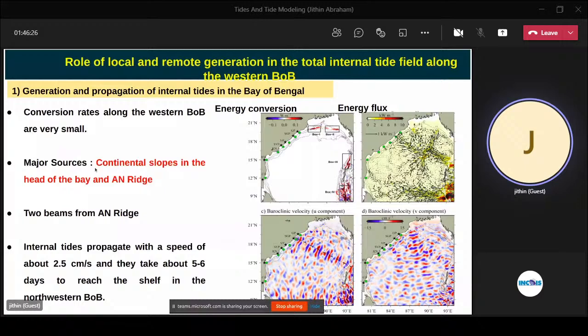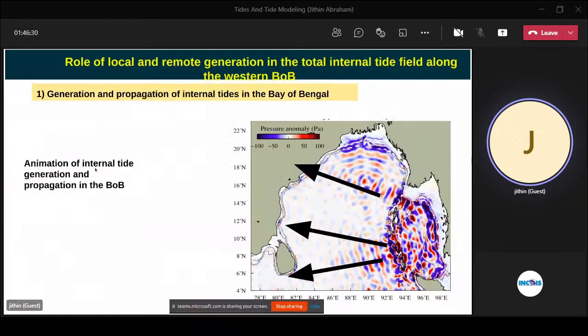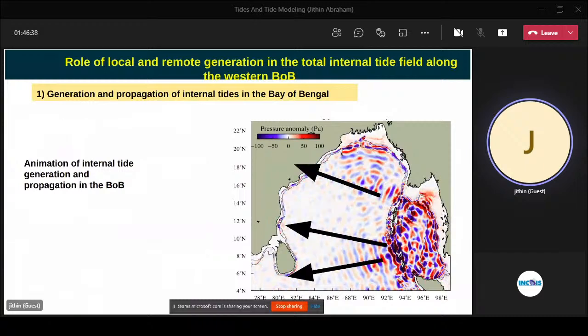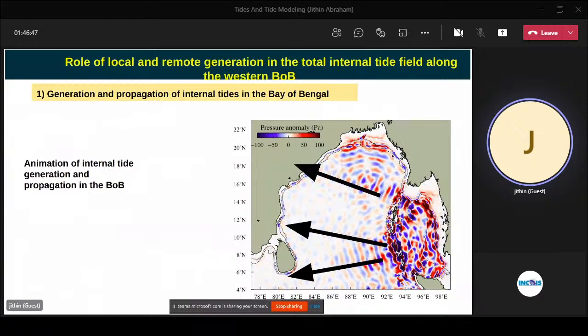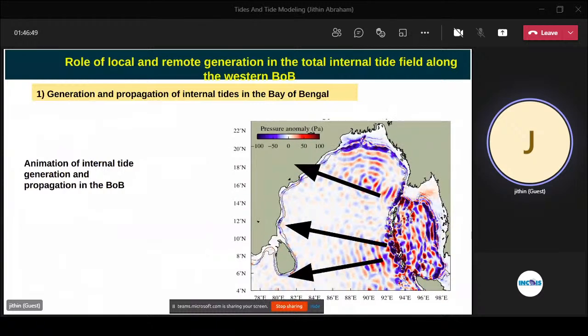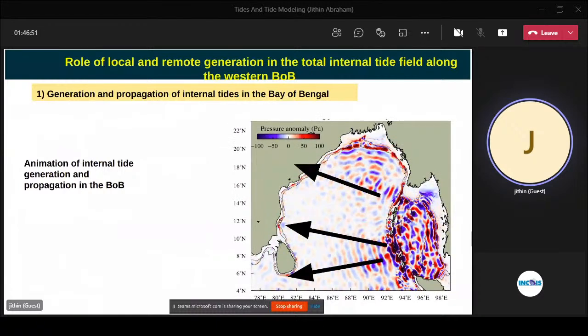And this is the animation of internal tide propagation in the Bay of Bengal. You can see that there is a strong generation in the head bay and all along the Andaman Nicobar ridges. From the head bay, this arc-shaped source can be seen in this animation.